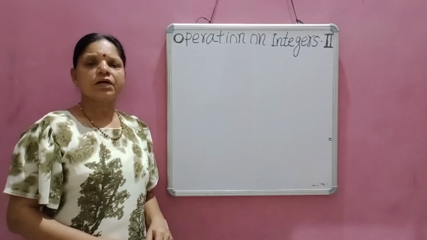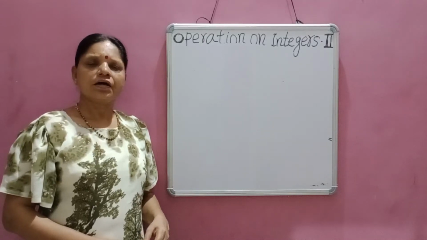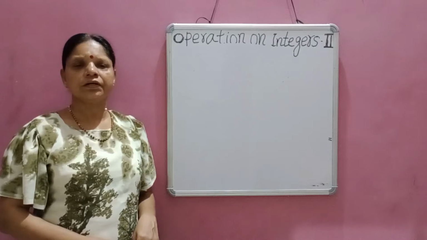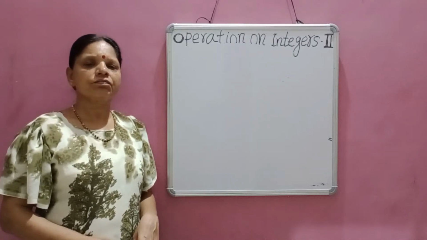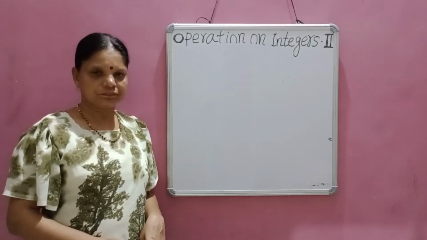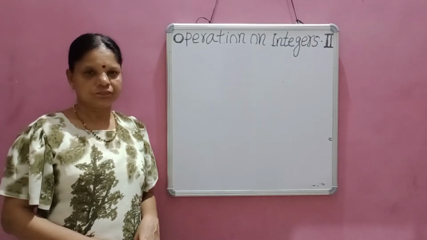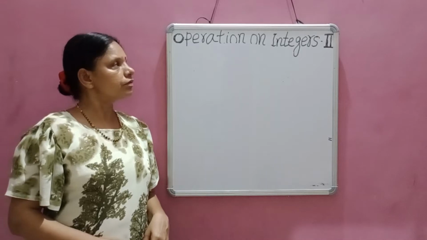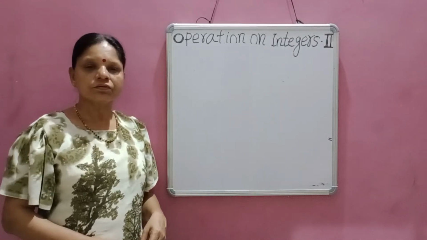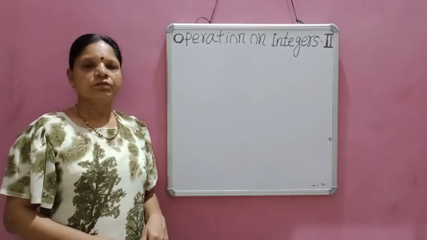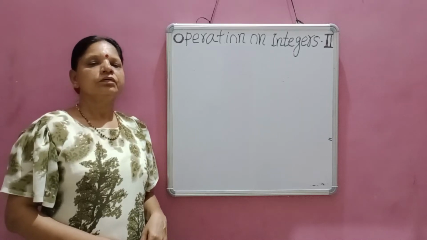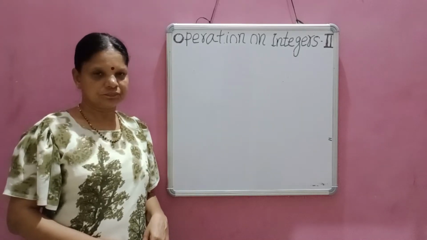The concept of multiplication and division you have studied in the case of whole numbers, that is positive numbers and zero. Now when negative numbers are also included, you have to follow some rules.